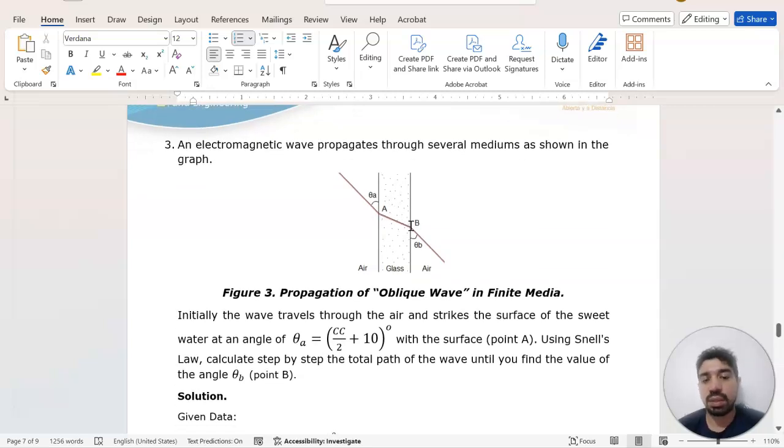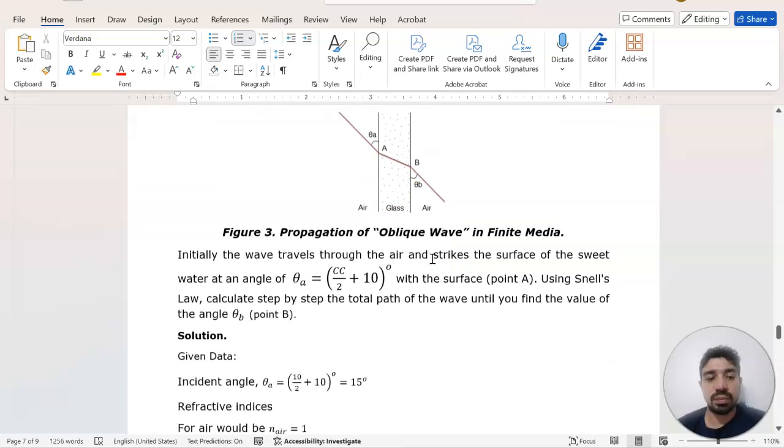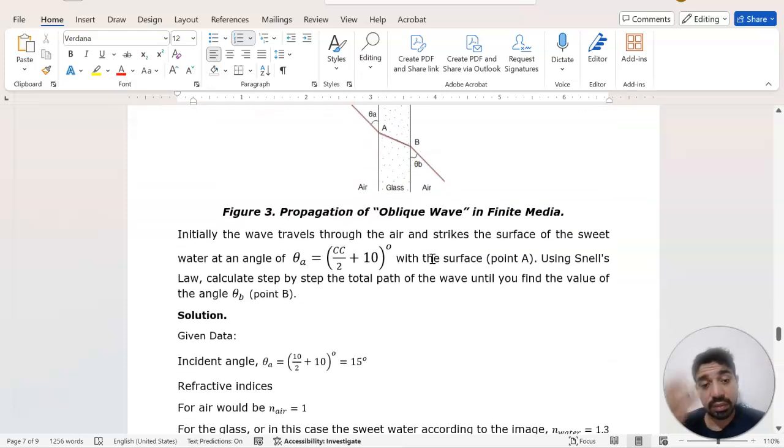We need to calculate step by step the total path of the wave until we find the angle, which is the angle B. For this, we are given data.